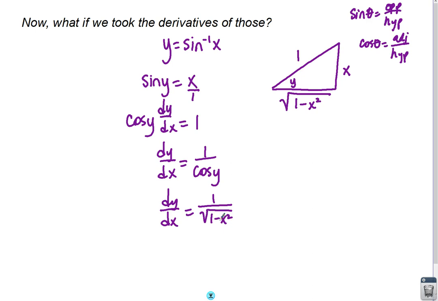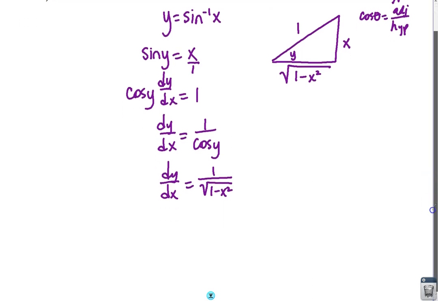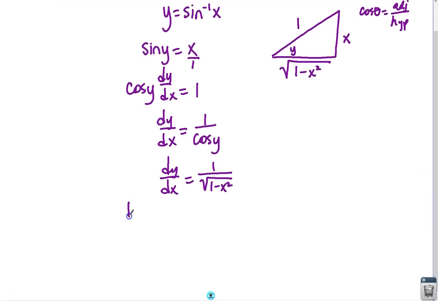So now what we know is that the derivative with respect to x of sine inverse of x is equal to 1 over the square root of 1 minus x squared. We just took the derivative of sine inverse. Very cool. Okay?